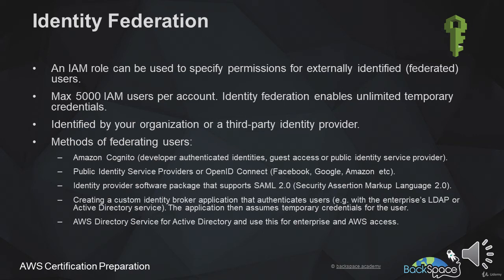For the methods available for federating or authenticating users, we can use the Amazon Cognito service. And they can use developer authenticated identity, so your application might have a username and password set up for those users. We can have guest access set up, or we can use a public identity service provider such as Facebook or Google.